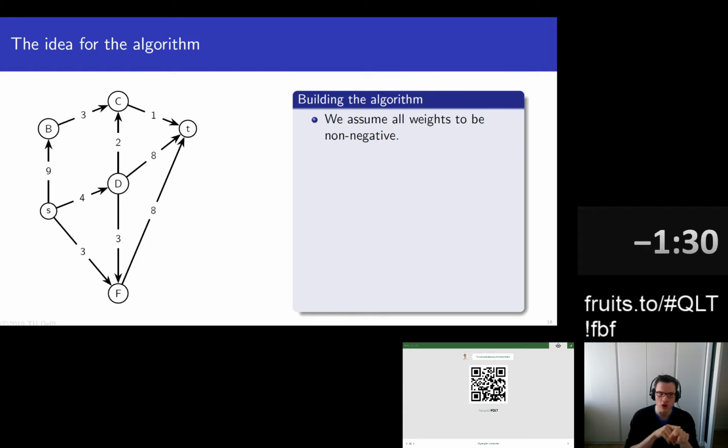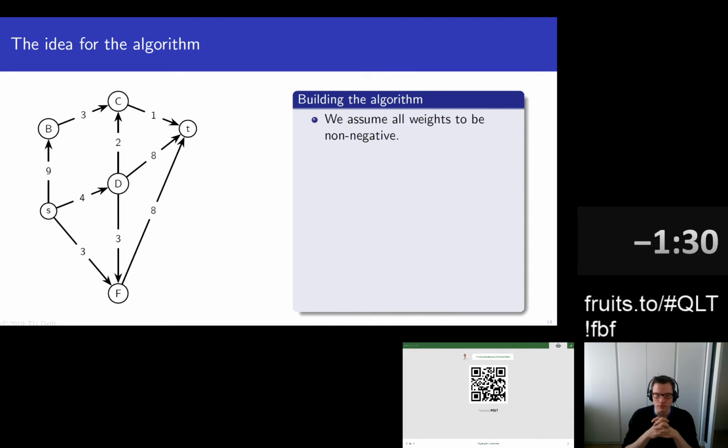Then I can get an arbitrarily small distance from S to somewhere else by including this cycle many, many times. Right? If you want the shortest path with weight minus 100 or smaller than minus 100, that's fine. I'll include the negative cycle sufficiently many times before going on to ensure that I get to the minus 100.